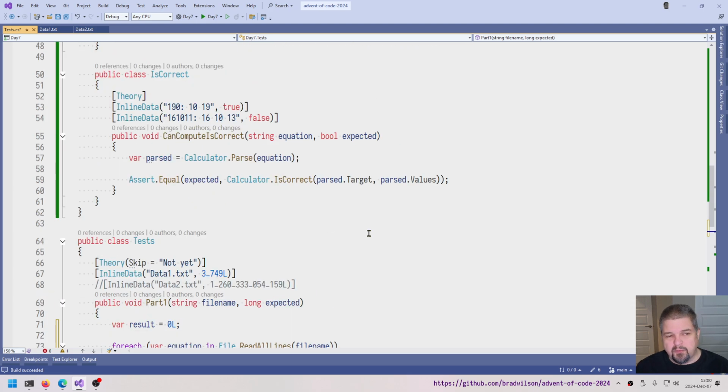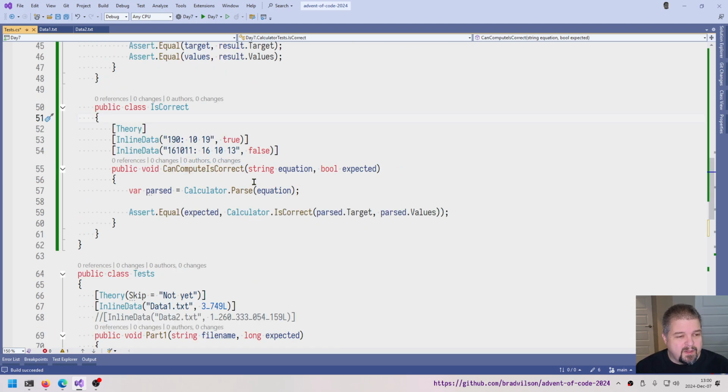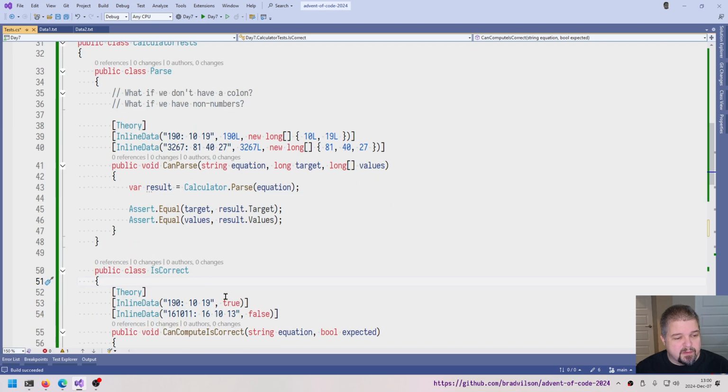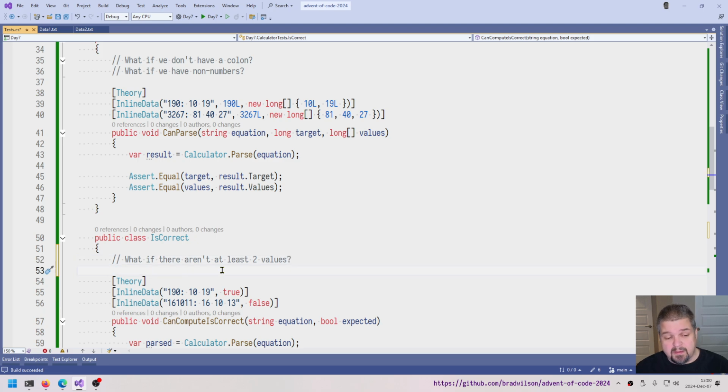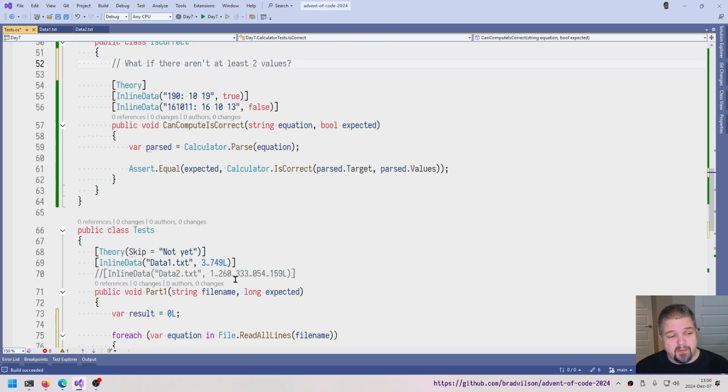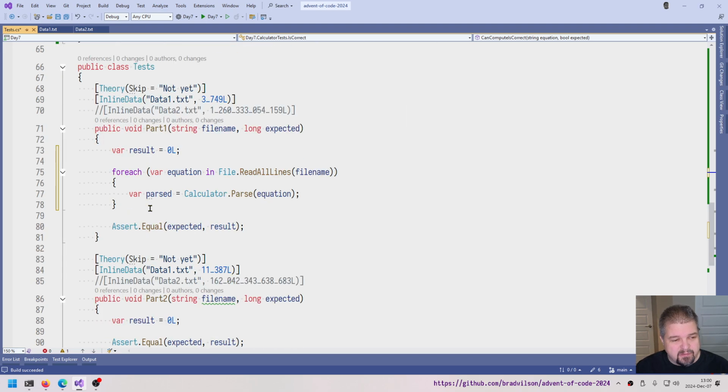By the way, before I do this, we have other problems. What if there aren't at least two values, right? That's an interesting case that we need to evaluate. There's probably others, but that's one. That's an edge case that we don't have to worry about in Advent of Code, but in your real production code, you would have to worry about that.